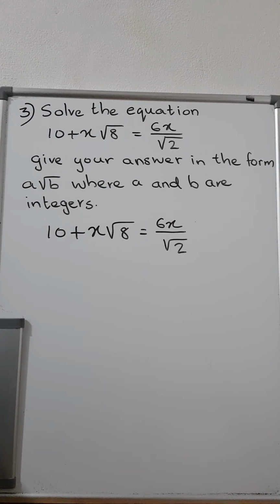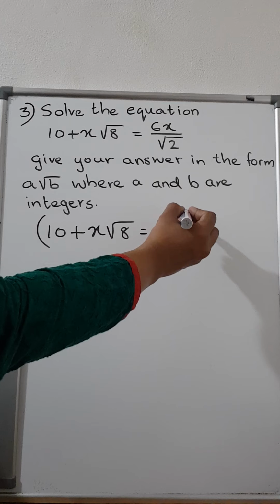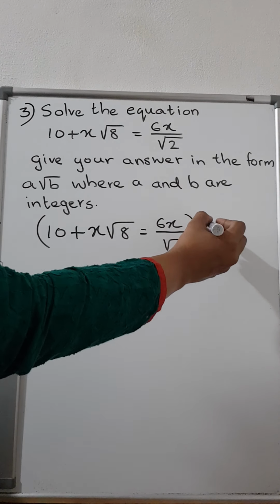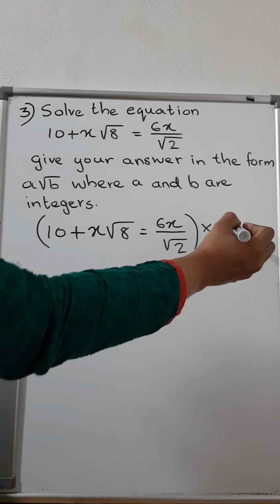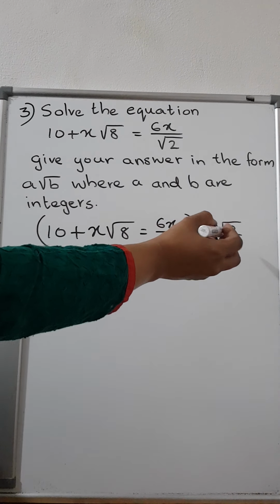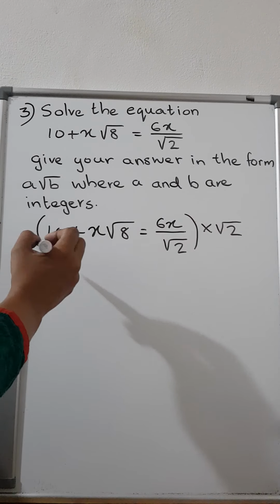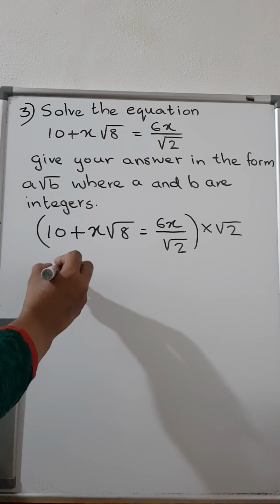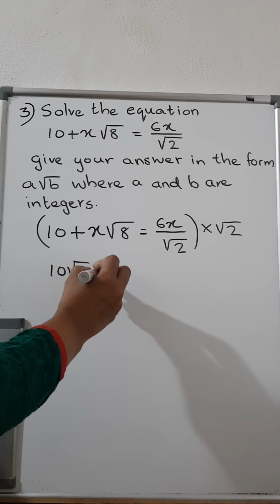What we can do? We can multiply the entire equation with root 2. The entire equation, that is the left hand side and the right hand side of the equation. The complete equation we are multiplying by root 2. So 10 times root 2, that gives us 10 root 2.